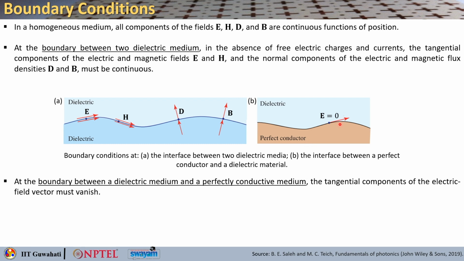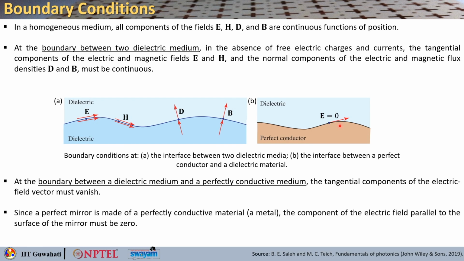Now, if you consider a boundary between a dielectric medium and a perfect conductor, in that case the tangential component of the electric field vector must vanish, since this behaves like a perfect mirror. A perfect mirror is basically made of perfectly conducting material, something like a metal, and there the component of the electric field parallel to the surface of the mirror must be 0.